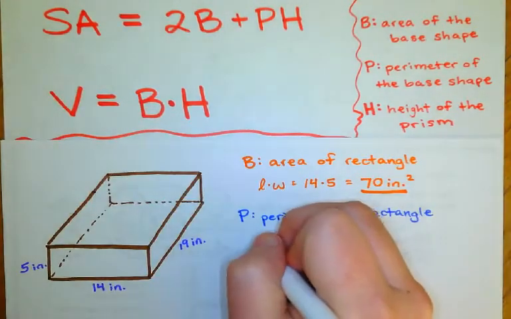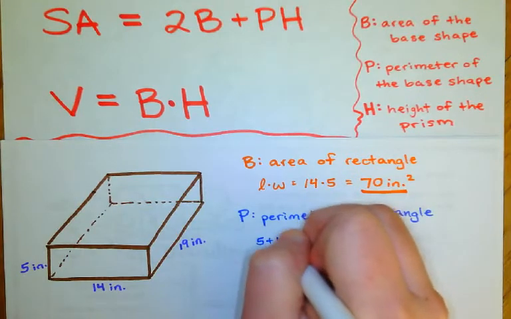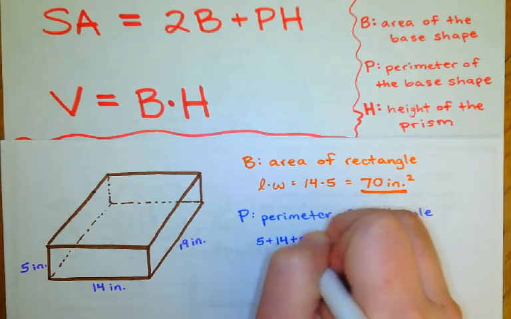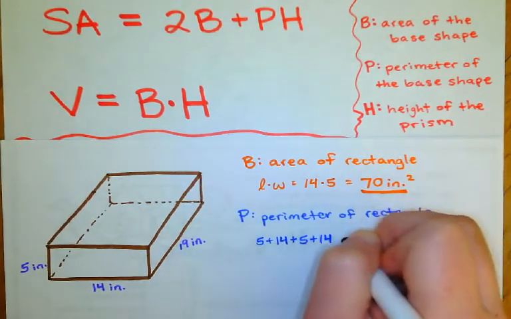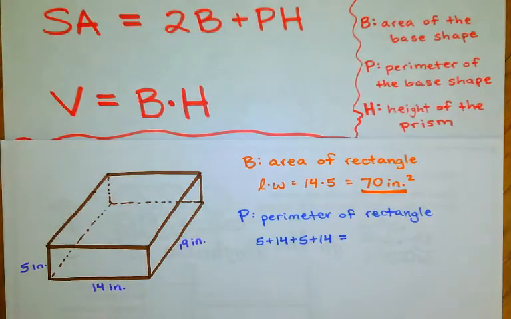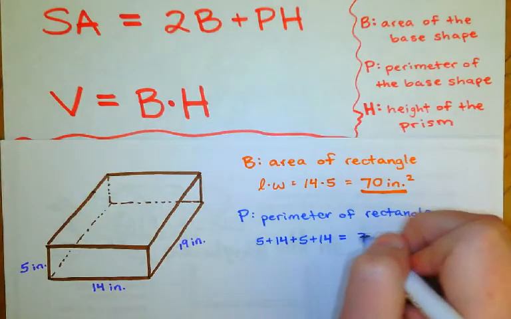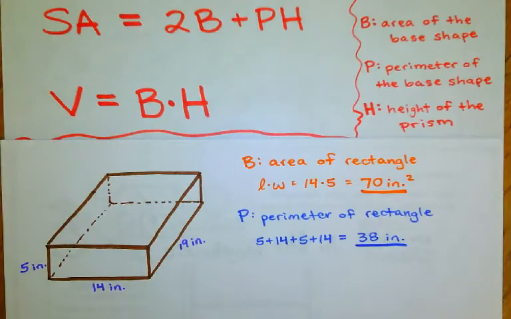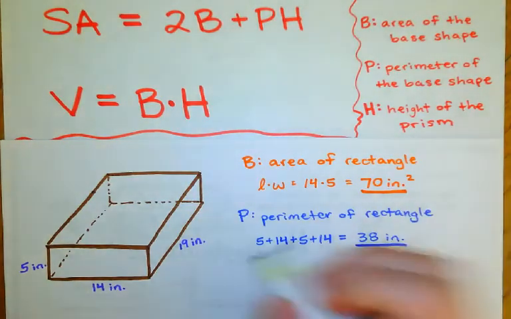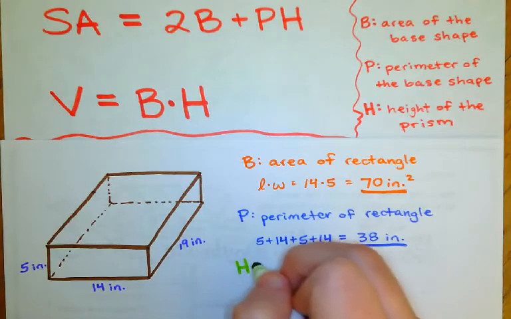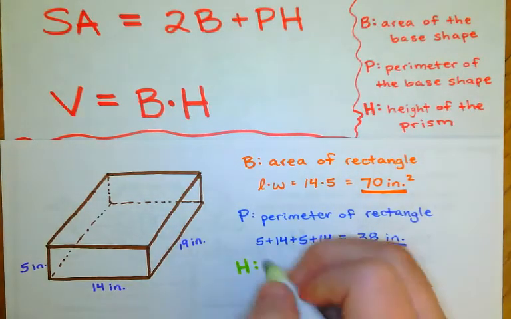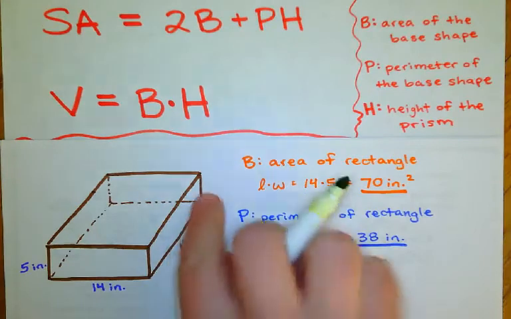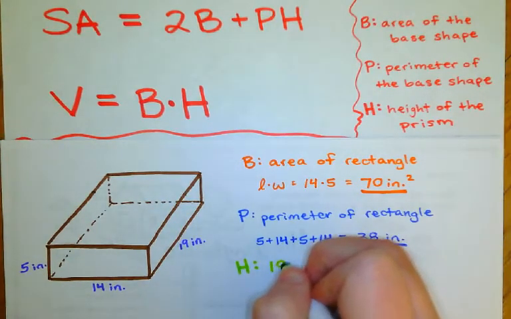So I'm going to take 5 plus 14 plus 5 plus 14. And that's going to get me 38 inches. There's my perimeter. Alright? And then our final part, the height of the prism, or the depth of that prism. And that's going to be your 19 inches.